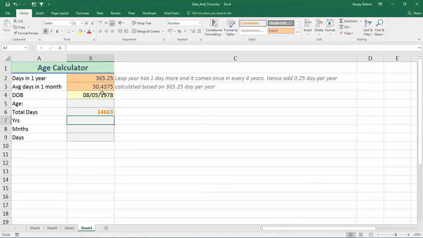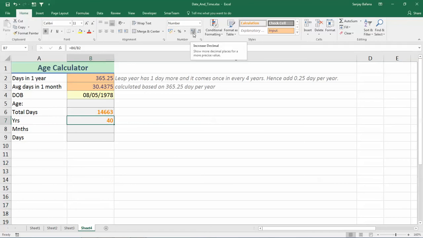So if your date of birth is 8th of May 1978, then today you are living your 14,663rd day. So how many years is it? So to calculate that, I will divide this number by 365.25, and it gives me 40 years.